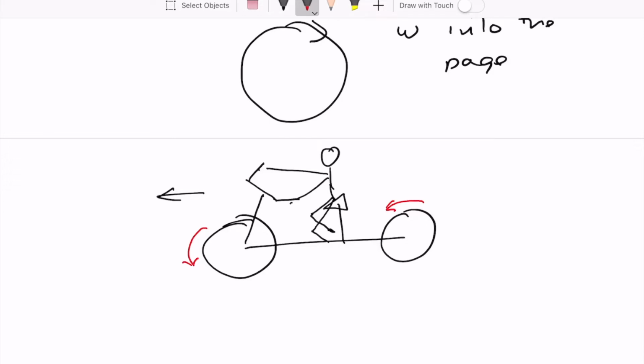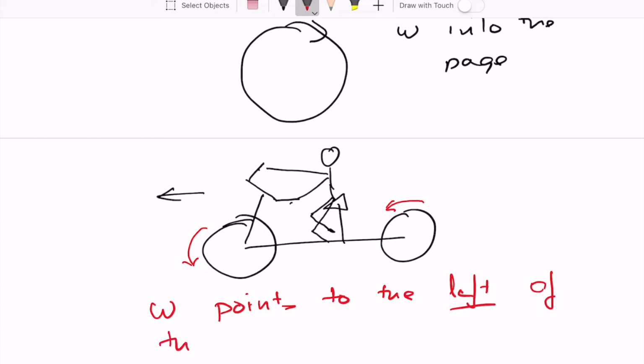So that means the direction of omega is out of the page. And so omega would point to the left of the cyclist.